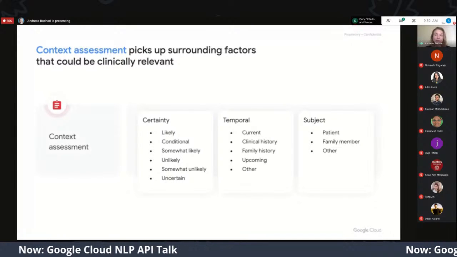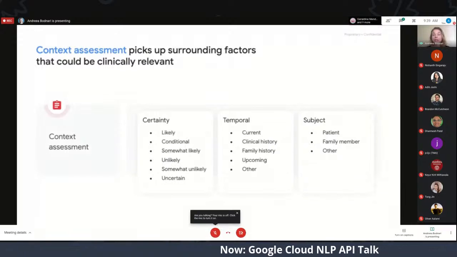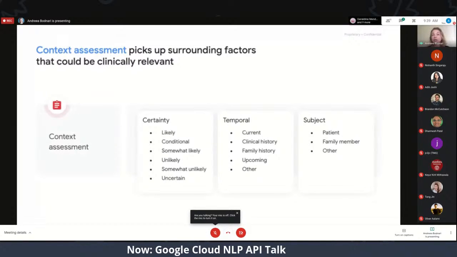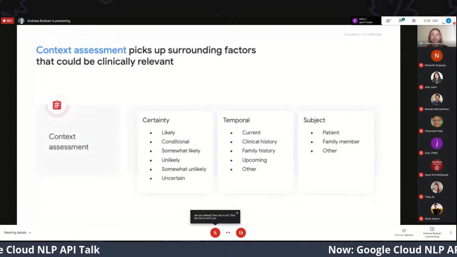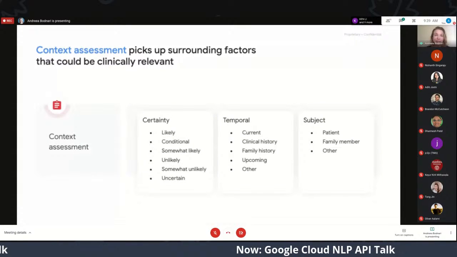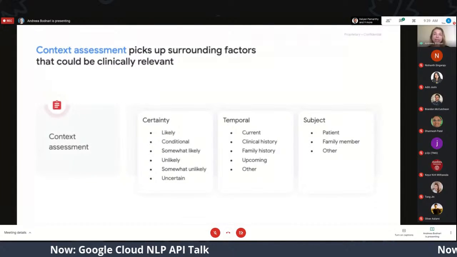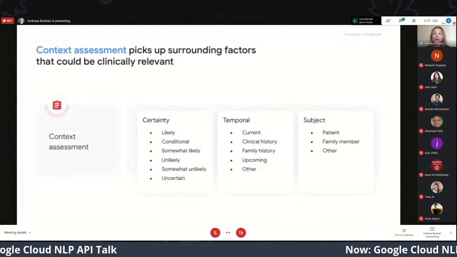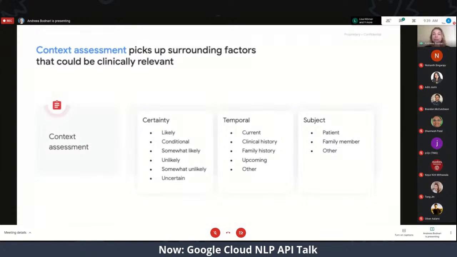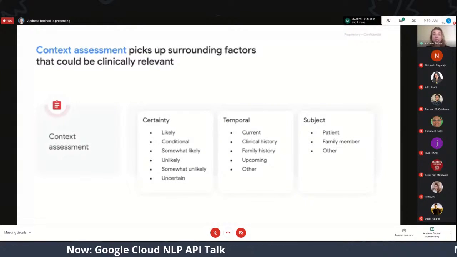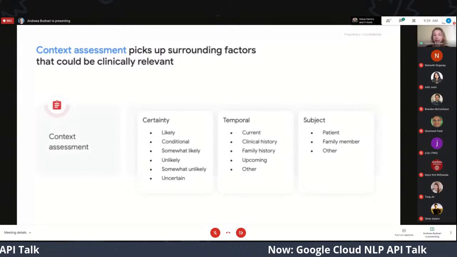So when a doctor dictates a medical report, the doctor can say that the patient has diabetes, is likely to have diabetes, might develop diabetes, etc. So the author of this medical report has a degree of certainty, of confidence. And with the context assessment module, we assess and qualify the degree of confidence of the author.